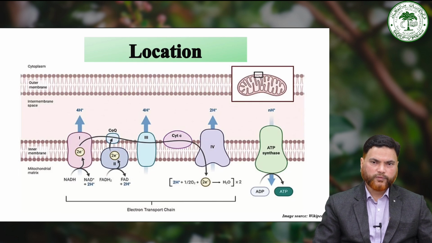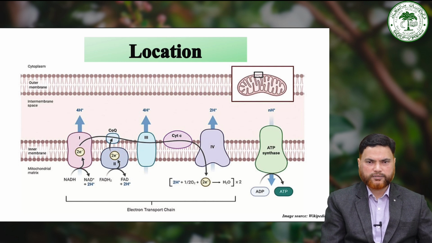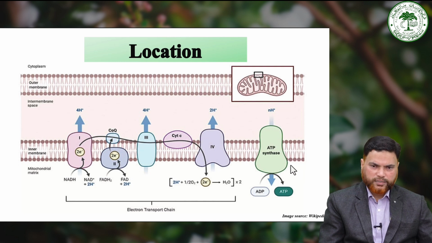Now the electron transport chain occurs in the inner mitochondrial membrane. Mitochondria consist of two membranes, the outer membrane and the inner membrane. The space between the outer and inner membrane is called the intermembrane space, while the space enclosed by the inner mitochondrial membrane is referred to as the mitochondrial matrix.